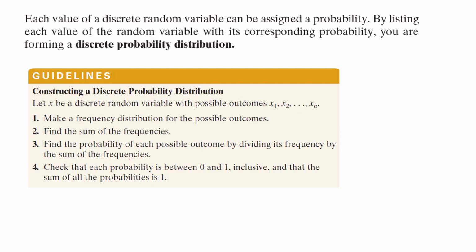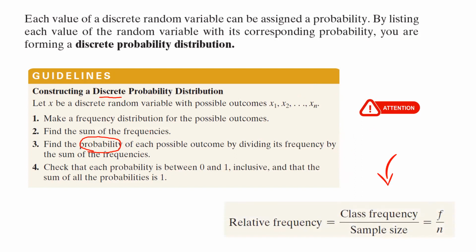So it should ring a bell because you learned about relative frequency in a previous chapter. So the probability is basically finding the relative frequency for a discrete random variable. So again, pay attention here.